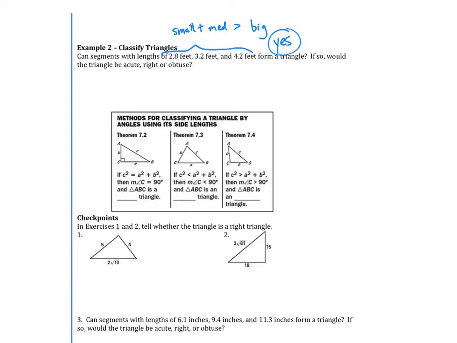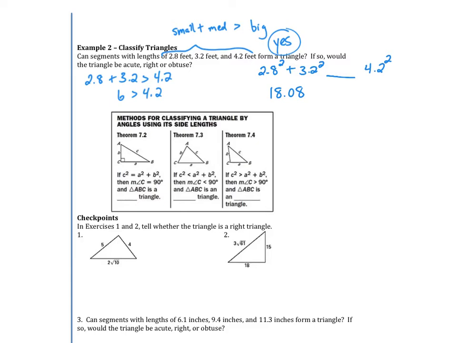So now it says, would this triangle be a right triangle? So just to show my work, we know that small plus medium is bigger than the biggest. So now we have to do 2.8 squared plus 3.2 squared. I'm going to leave a blank, and the biggest side goes by itself. So if you do 2.8 squared plus 3.2 squared, the two smaller sides, you square them and add them up, you will get 18.08.